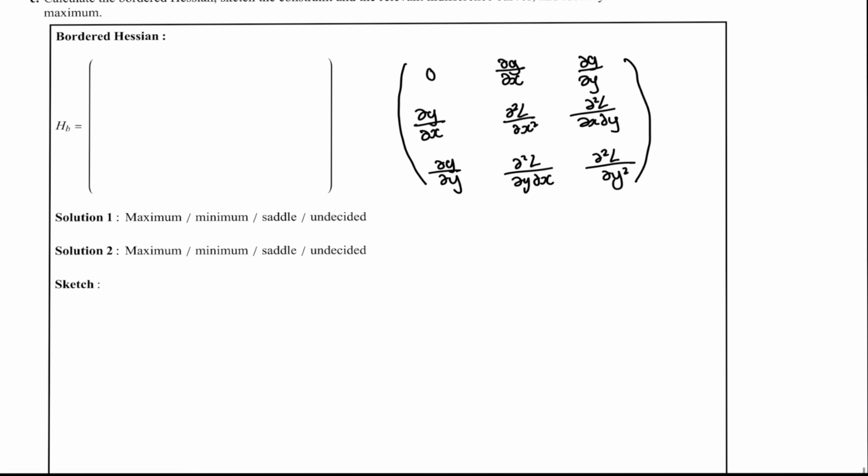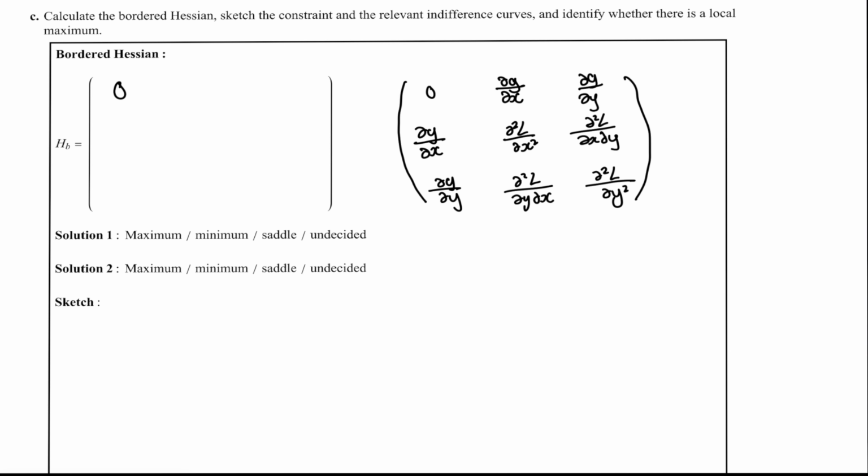Cool. So if we work this out, we have 0, first derivative with respect to x partially is 2x, then it is 2 over b y. That's the same over here. The second derivatives of the Lagrangian are 2 lambda, 0, 0, 2 over b lambda.